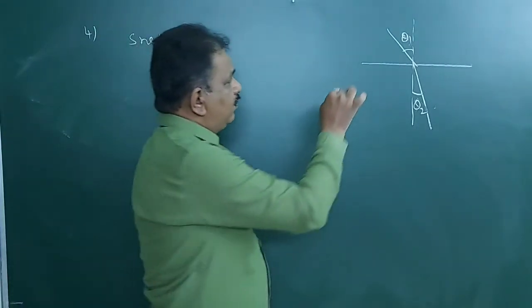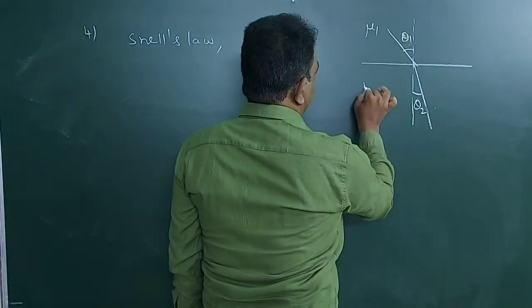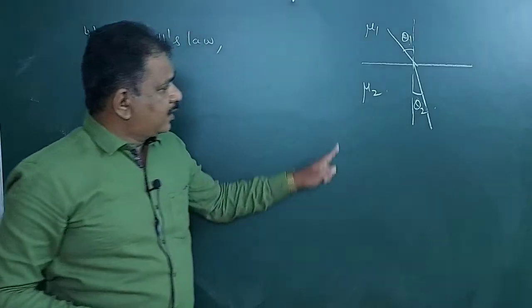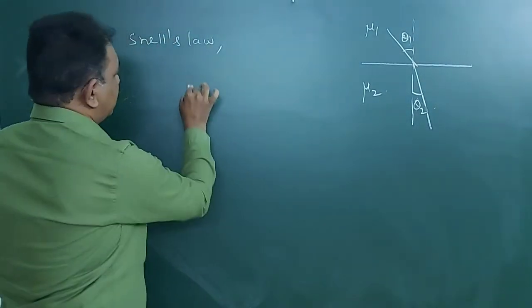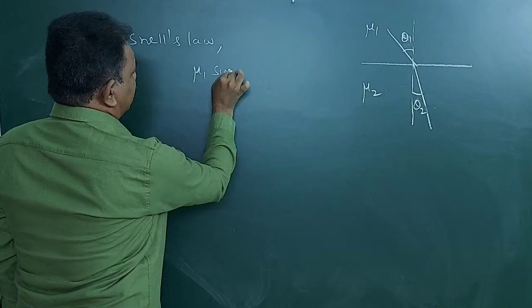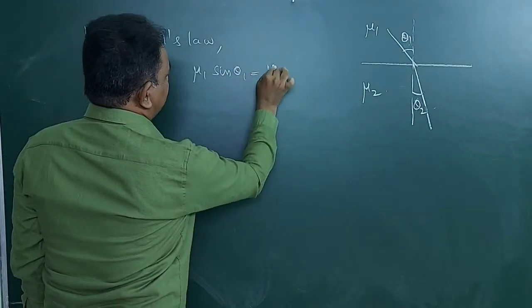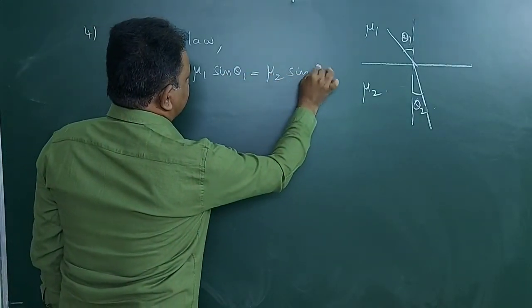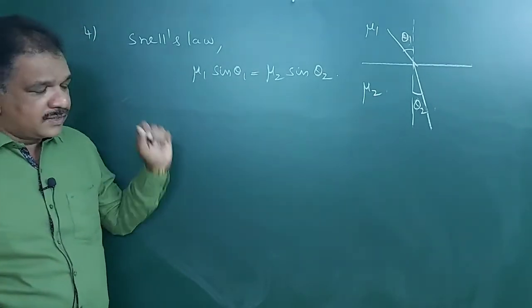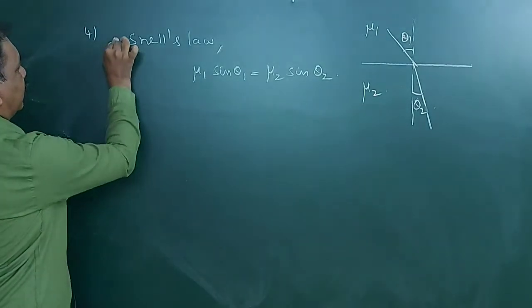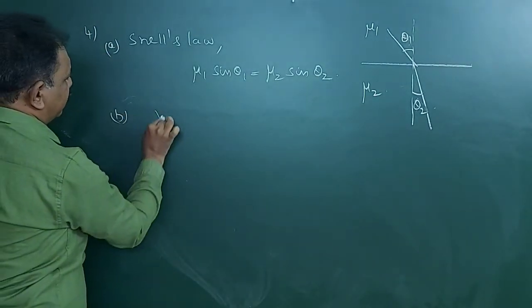Then the refractive index of this medium is mu1, and the refractive index of this medium will be mu2. Then Snell is saying mu1 sin theta 1 is equal to mu2 sin theta 2. This is Snell's law.